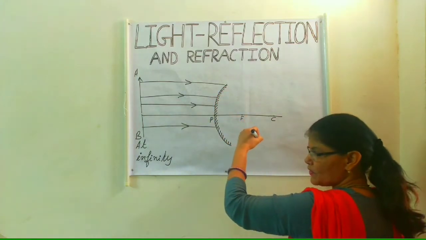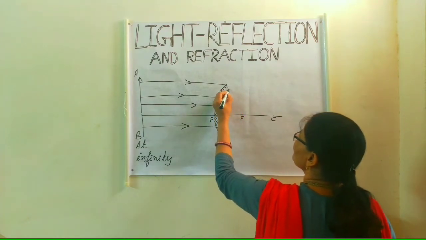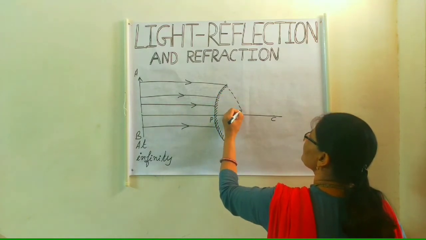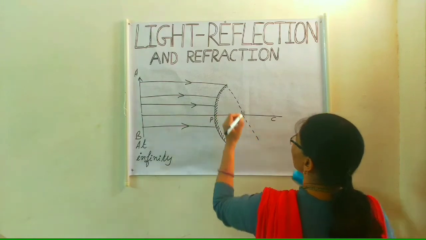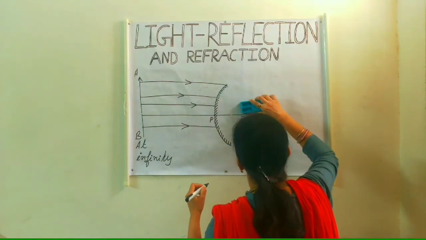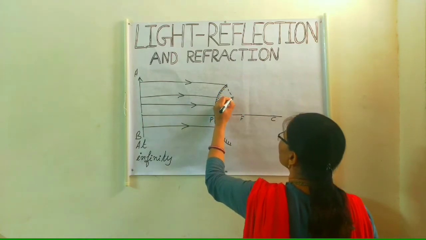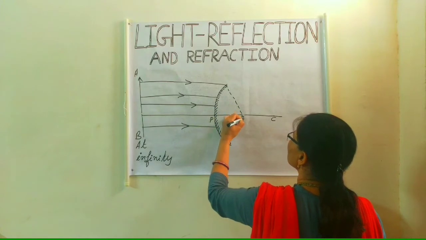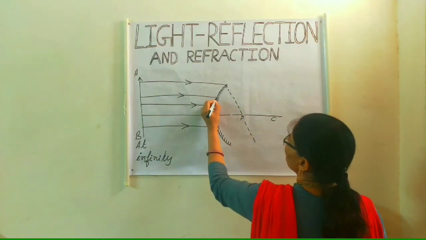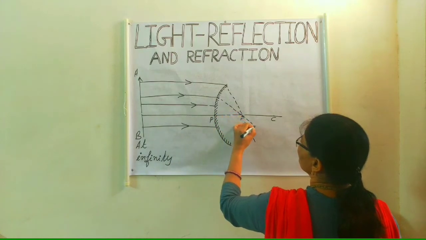So we have to draw dotted lines. The focus is at the back of the mirror, so here also we have to draw dotted lines like this. This is the incident ray.